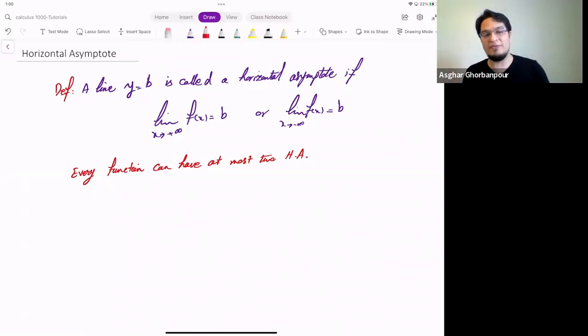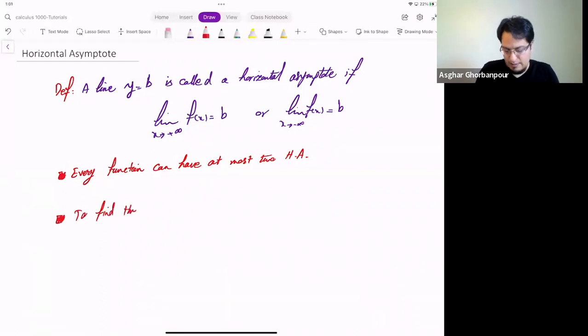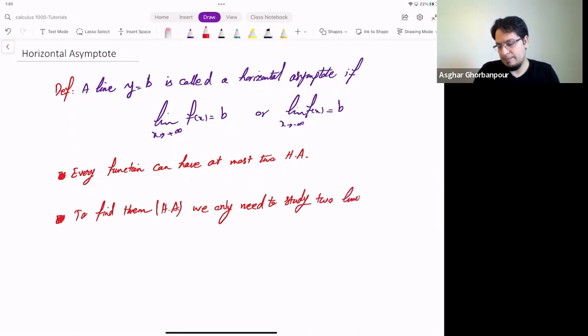In the case of the horizontal asymptotes, you only do two limits, and you don't need to worry about candidates. Meaning that for the horizontal asymptotes, we only need to study two limits at infinity.